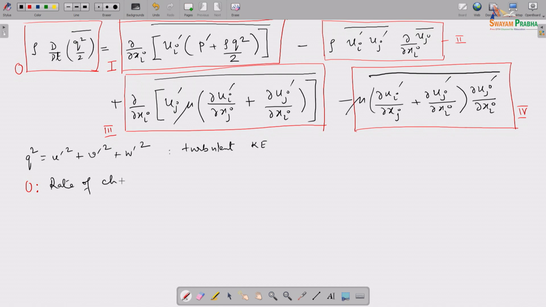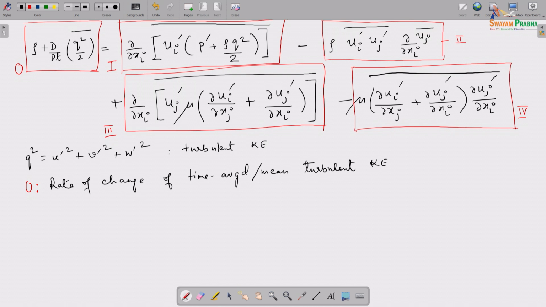So this is the rate of change of time averaged or mean turbulent KE, basically half rho V square.